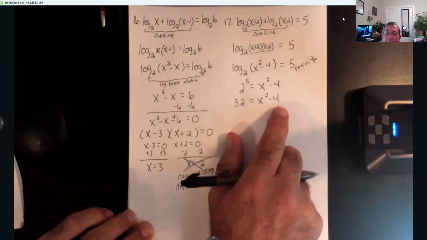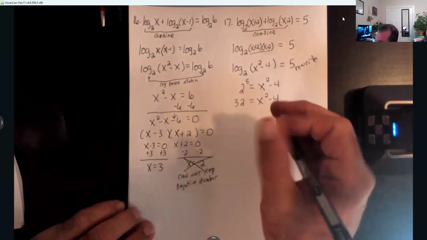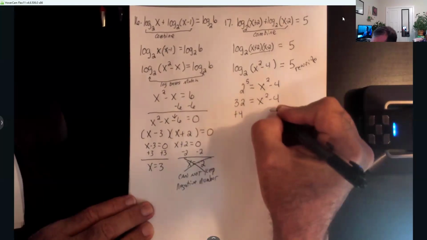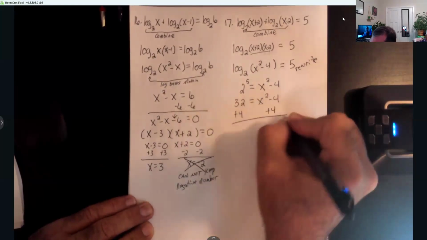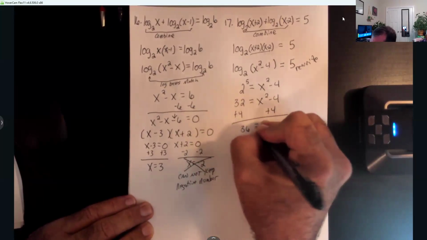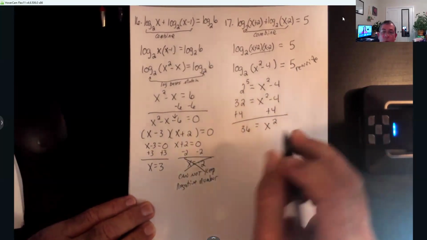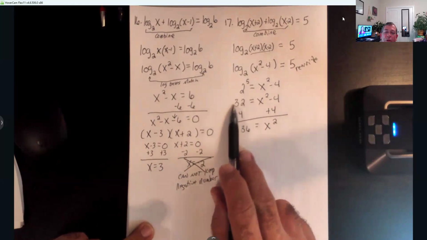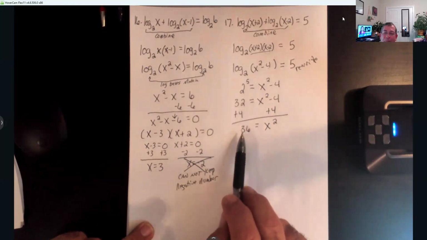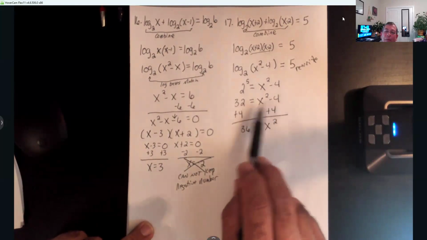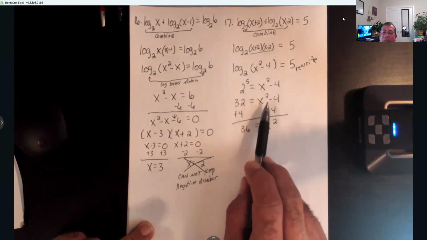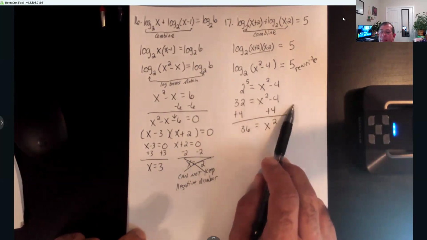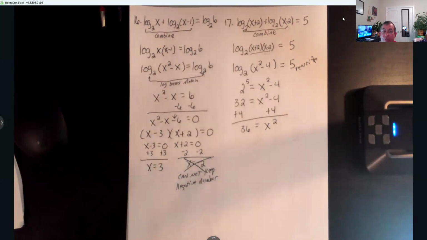Now what Natalie did was she added 4 to both sides, and I got 36 equal to my x squared. Now the reason we're putting the numbers on this side, y'all, if you brought the 32 over here, you would have x squared minus 36. You could factor that doing the perfect square stuff to get your 2 answers.